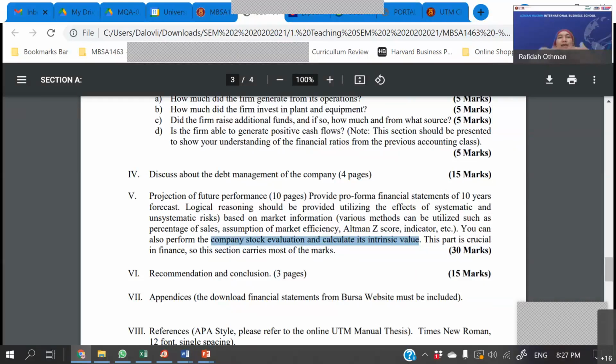This is one step ahead of what you have learned during your undergraduate. If it is just one line, don't expect I will give you full marks. If you answer with the financial ratio, and then you support with all the information for the company, then I know that you actually understand what finance is all about.